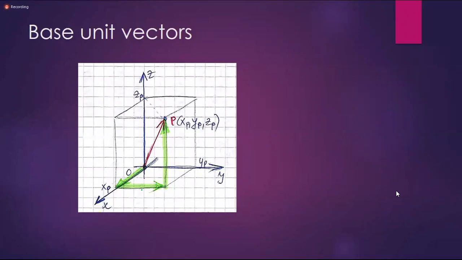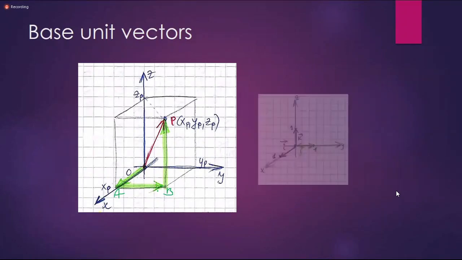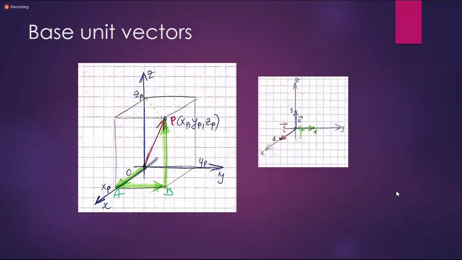So it's the same picture now again from the scan. More or less, I haven't put the letters A and B there. Let's remember one thing. We had something called base unit vectors. I already mentioned they were the first unit vectors we actually encountered.